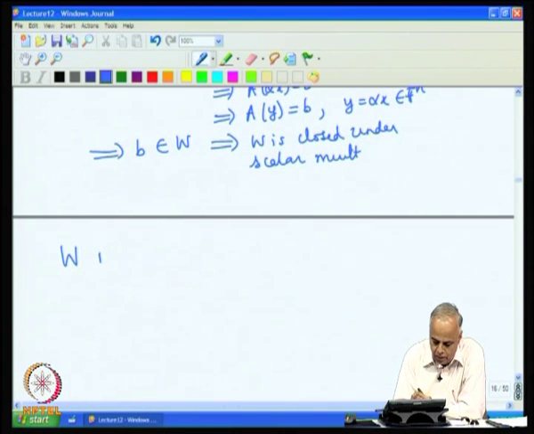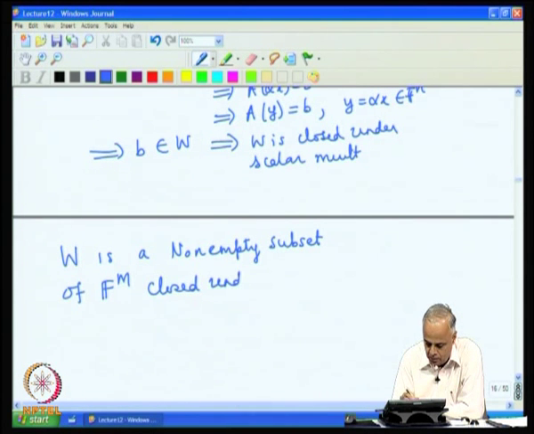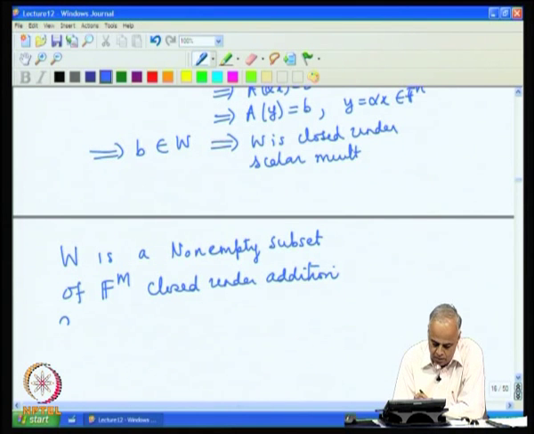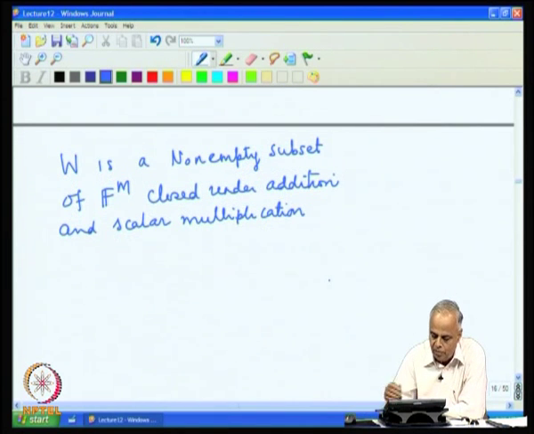W is a non-empty subset of Fm closed under addition and scalar multiplication, and therefore, it qualifies to be a subspace of Fm.